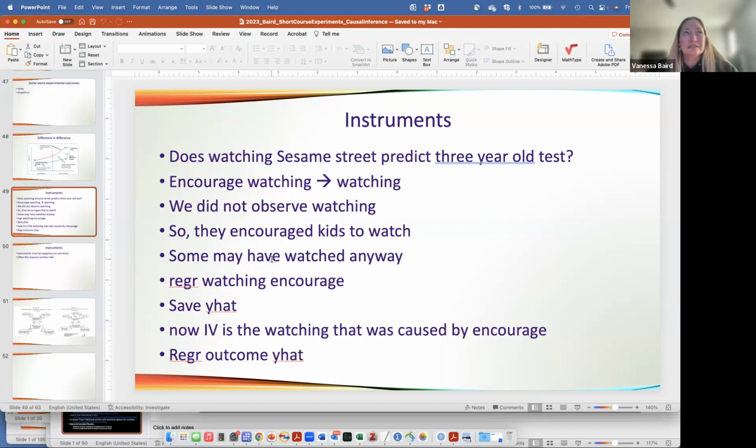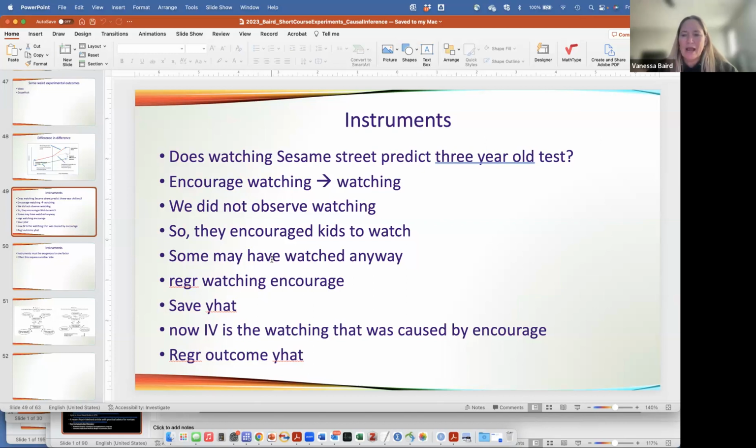But to note the difference between, did they watch because of the intervention? What they do is they create an instrument by regressing the actual dependent variable that they wish they had, if they had perfect information, with encourage as an independent variable.